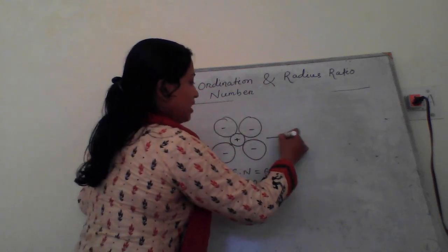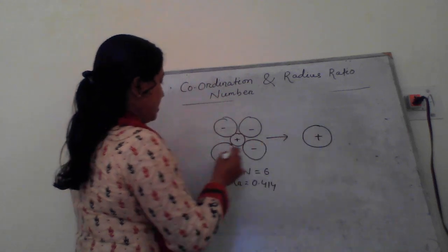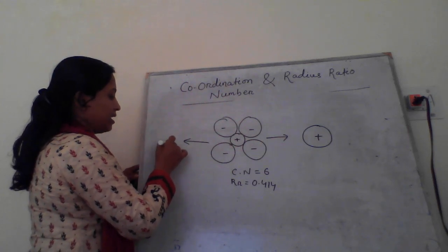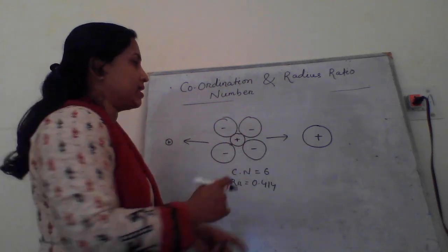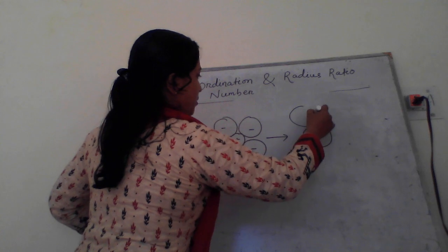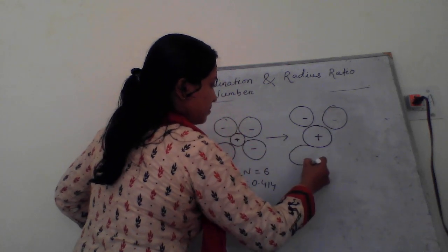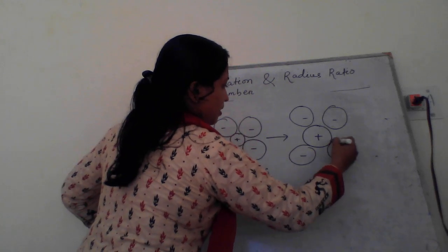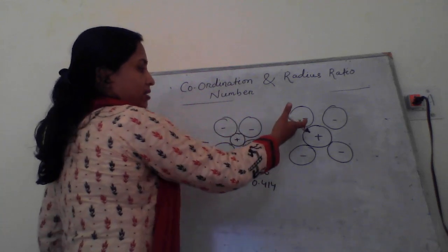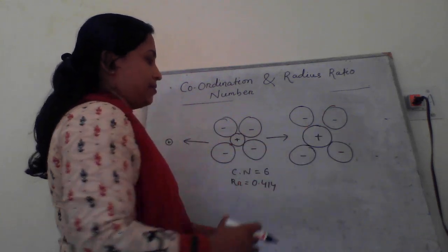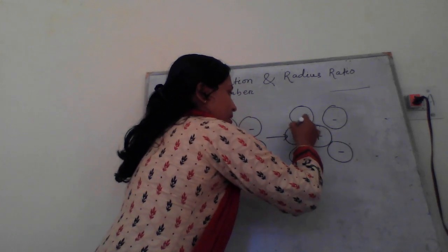If the size of the cation increases, then the number of surrounding anions, if we place 6 anions here, there are large gaps. So for better stability there must be additional anions.